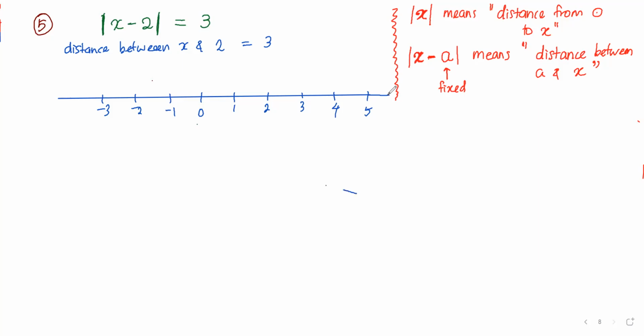First find 2. Here's 2, right? Which number or numbers are 3 away from 2? The distance between 2 and my number must be 3.